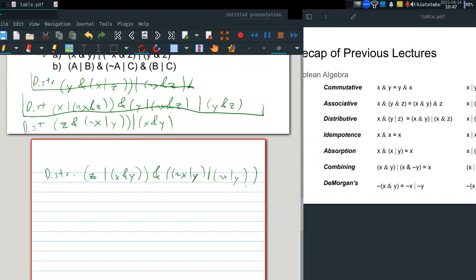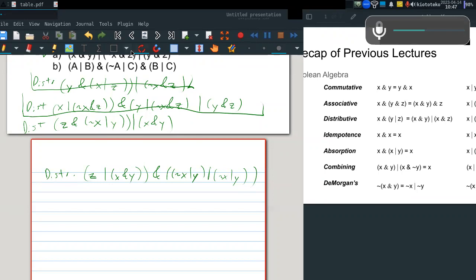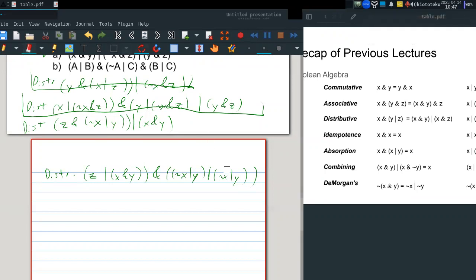I think the second one will be just X and, wait. It's X, Z or X and Y. Yeah, I got it. Because this way it will now be interesting. Okay, can we do anything else with this one?